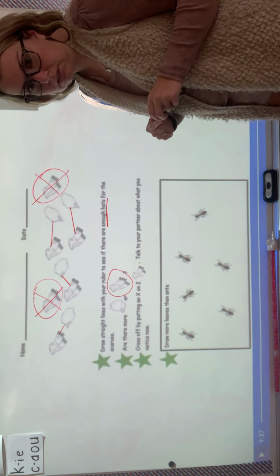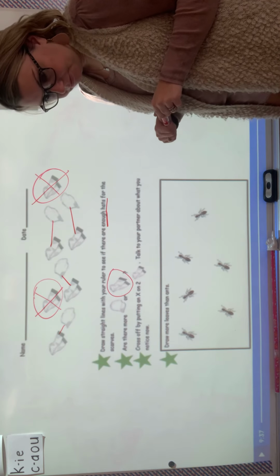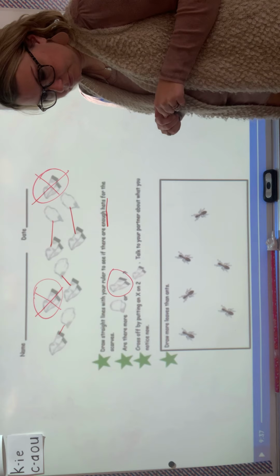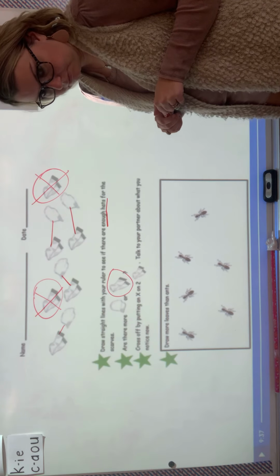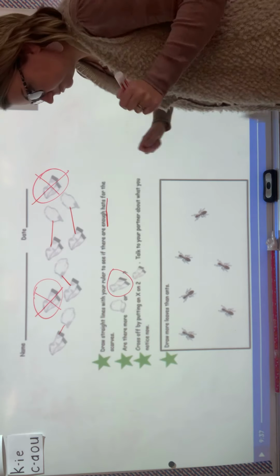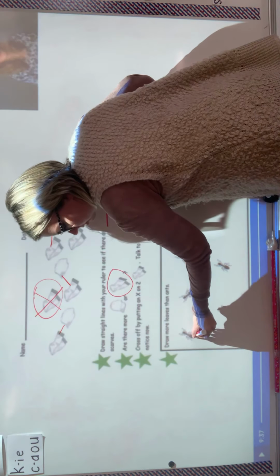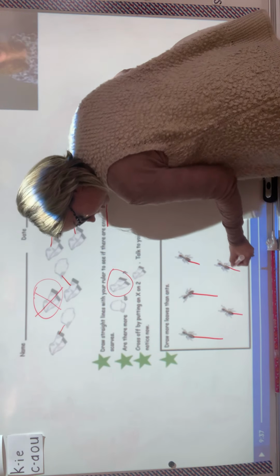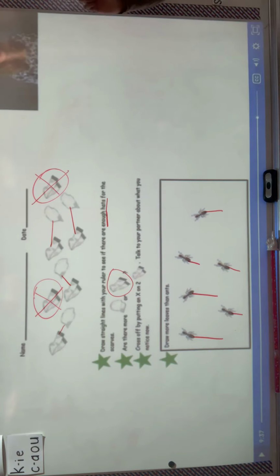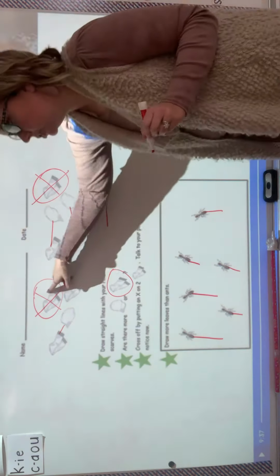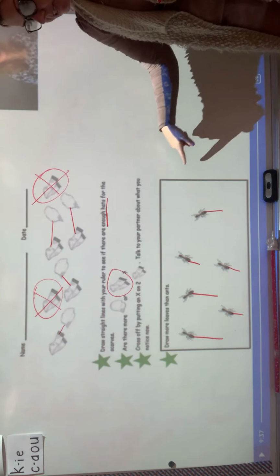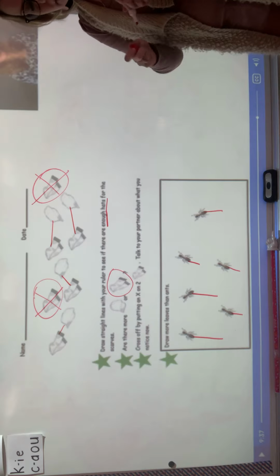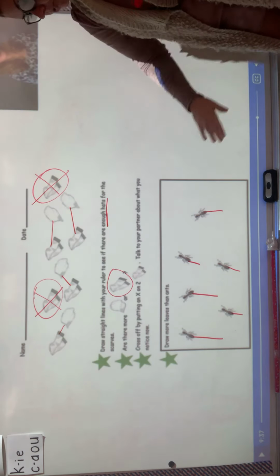You could do the ants and count the leaves instead of the ants. Well, what if we did a line like this? And at the end of each line, we draw a leaf. And I know that I need to have 1 or 2 leaves extra that don't match with an ant to have more.